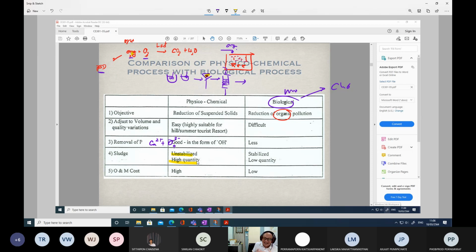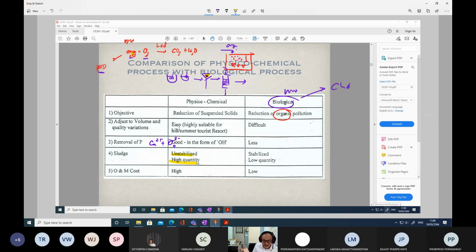So for the jar test, normally we add alum. We determine the optimum dosage, and these alums will precipitate. We cause the precipitation of the fine particles, so that these fine particles will accumulate at the bottom of the chamber.